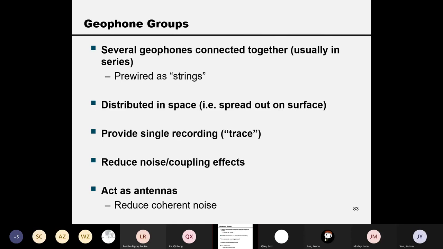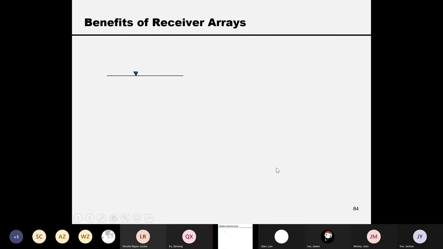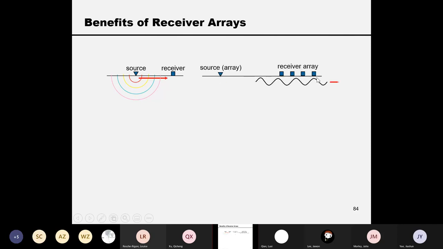But in fact, physically, maybe 5 or 6 geophones. The same principle as the coupling of a group of sources. This is also for reducing coherent noise. Let me show you again a similar diagram. Have a single source, single receiver for each point, right?